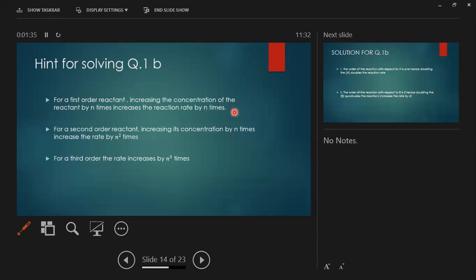So if the reactant is a first order reactant and you double the concentration, the reaction rate will also be doubled. And if you multiply it by 3, the reaction rate will also be multiplied by 3.